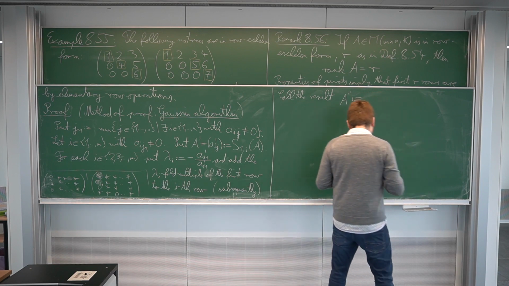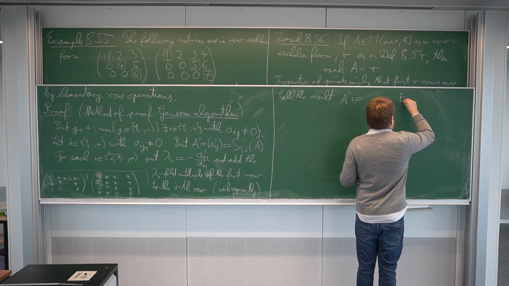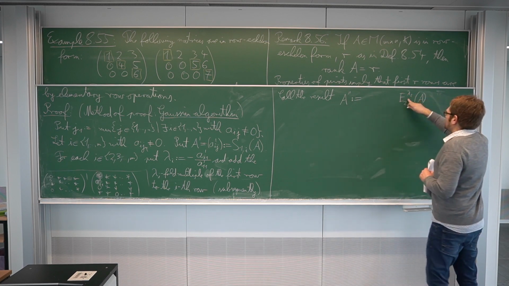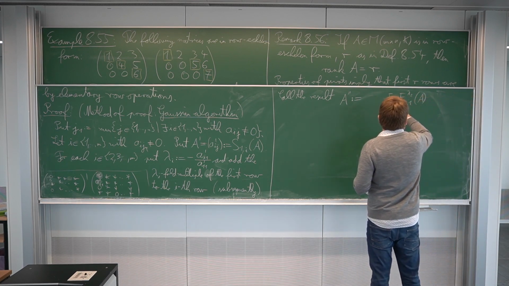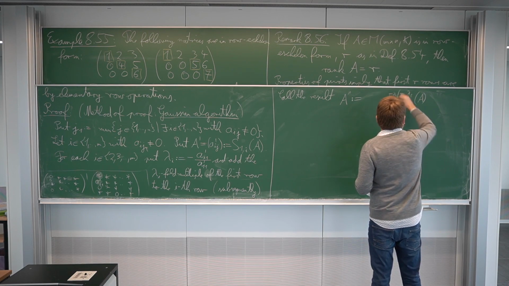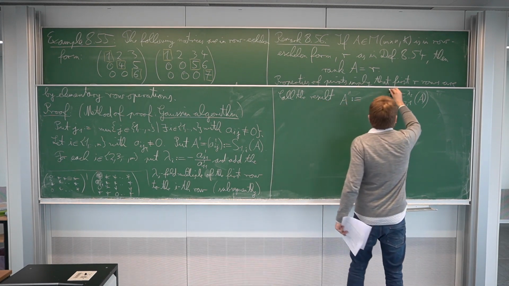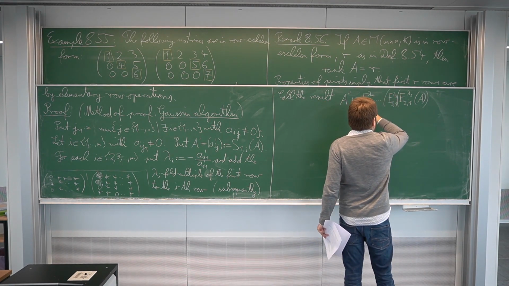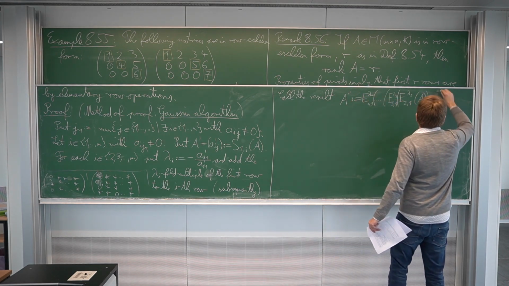Now for a formal definition with respect to these operations which add multiples of rows to other rows: we first apply E_21(lambda_2) to A. This means cancelling the element in row 2. Afterwards, we do E_31(lambda_3) and apply this to the result of that, and so on, until finally we have E_m1(lambda_m) applied to the result of everything in here.